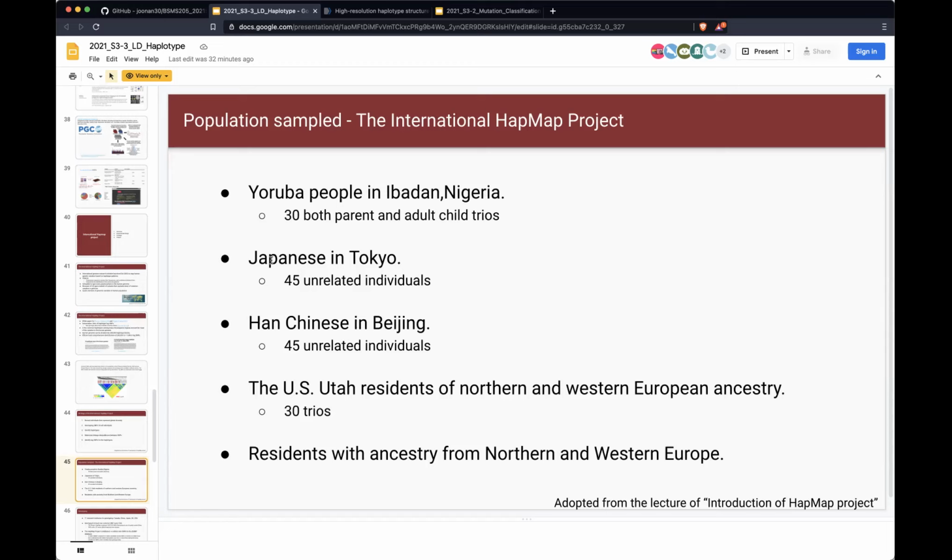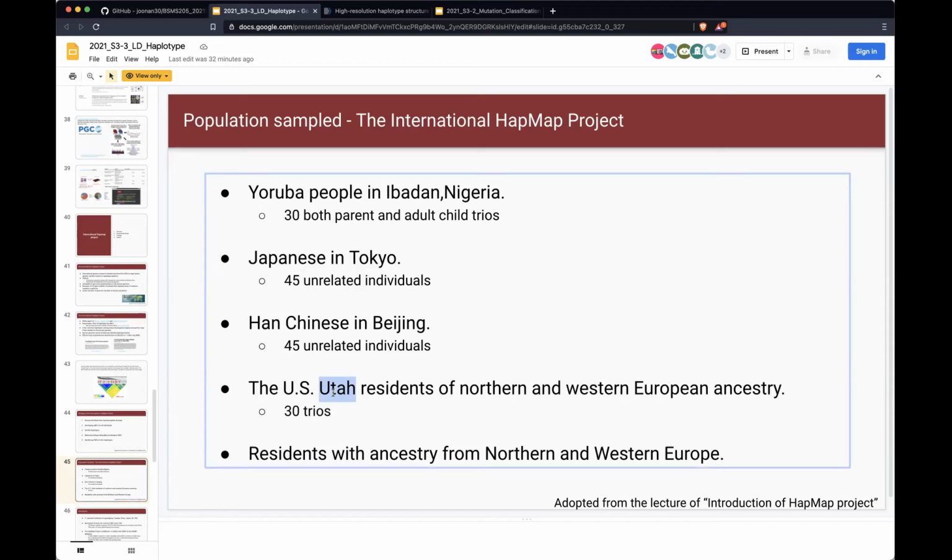And then they recruited the Japanese, Han Chinese from China, and the Utah people in the US. The reason is that the Utah people have lots of siblings and offspring because of their religious history, and also these people are mainly of Northern and Western European ancestry, right?